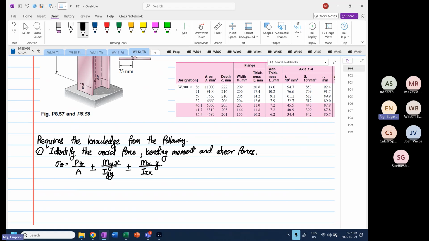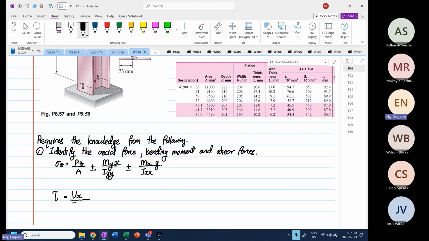And then the next thing that we have to do is relate the shear, which is equal to Vx over Iyy multiplied by Qy over t, and again plus or minus, and then plus or minus over here, we have to use Vy over Ixx times Qx over t.